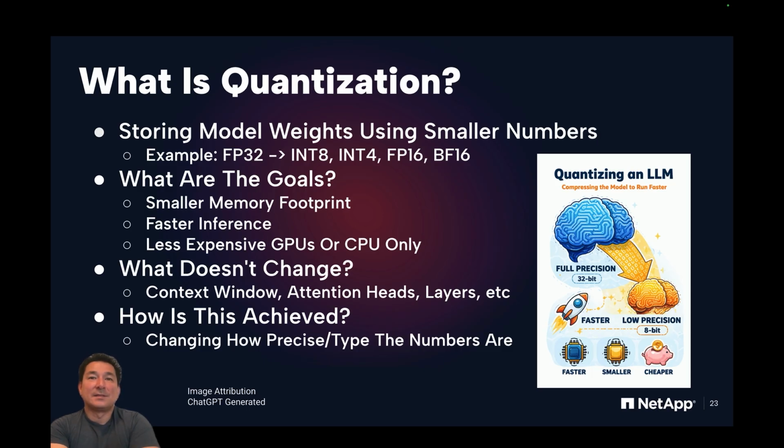Because you're making the math easier for a GPU or CPU, the inference is faster, and memory requirements are a lot lower. When you quantize a model, what doesn't change? Well, the things that don't change are the context window size, the attention heads, and the number of transformer layers. Those things all stay the same when you take a model and run it through the quantization process.